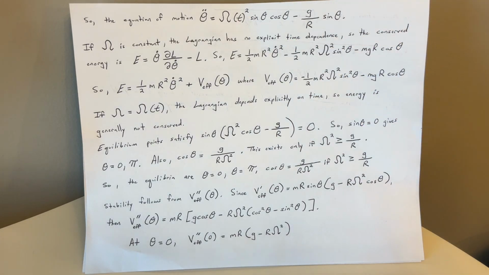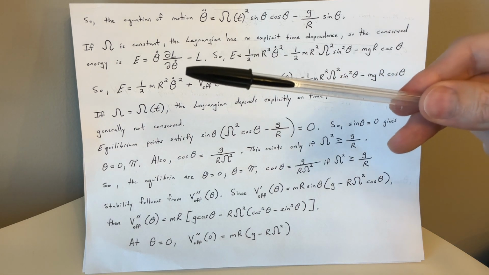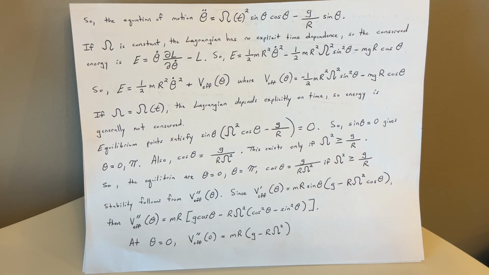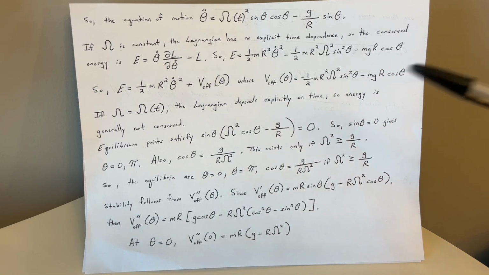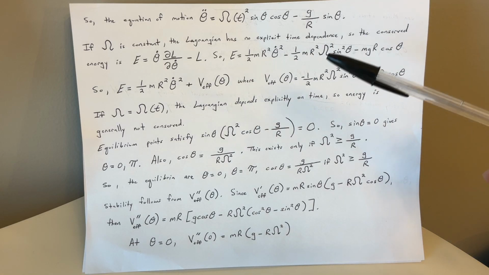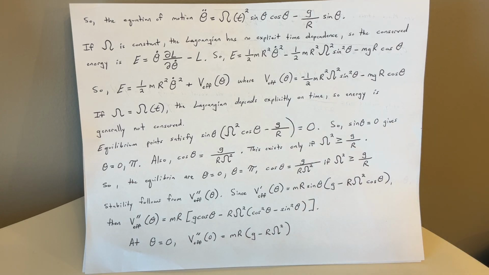And if omega is constant, the Lagrangian has no explicit time dependence. So the conserved energy is E equals theta dot times the partial derivative of L with respect to theta dot, minus L. So E equals 1/2 m r squared theta dot squared minus 1/2 m r squared omega squared sine squared theta, minus mgr cosine theta.